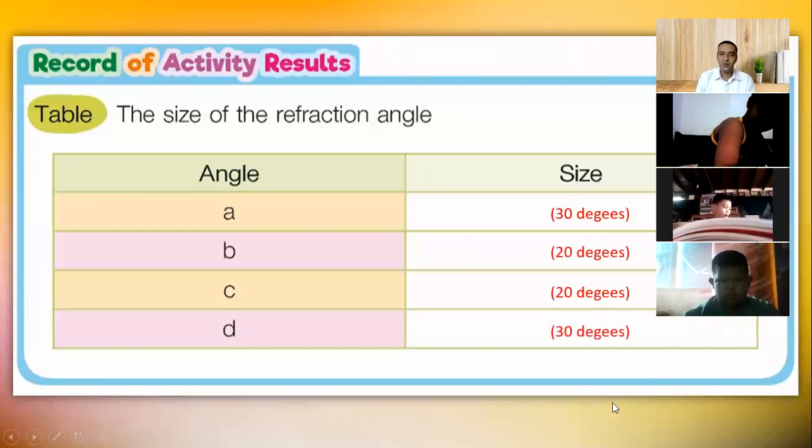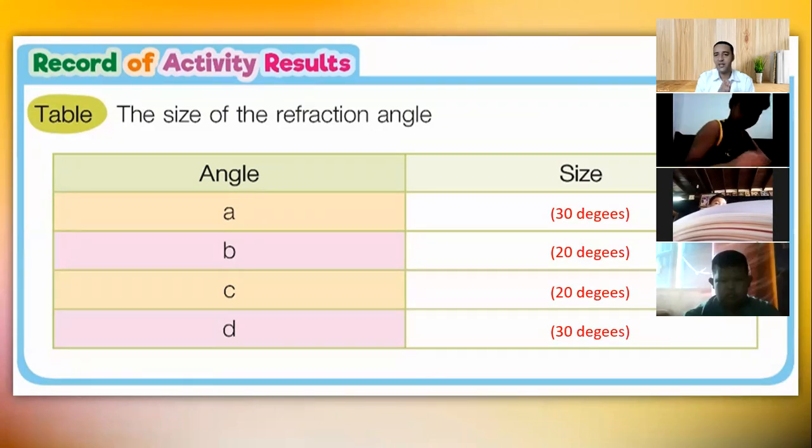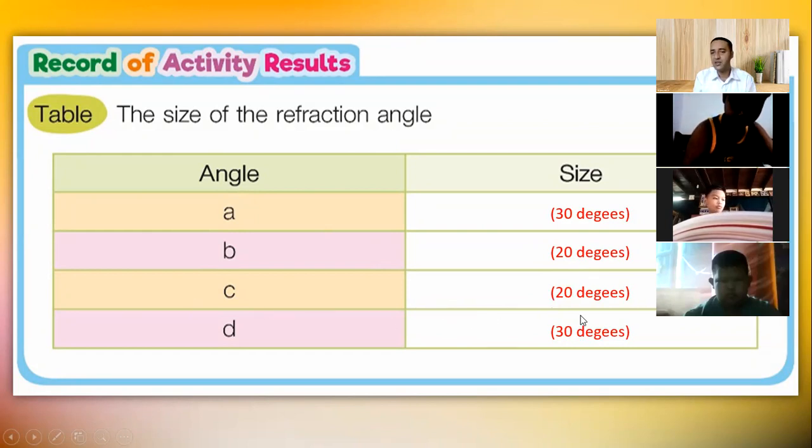So what do we conclude here? We conclude that the light actually moves from one object to a different one, so refraction is caused. The refraction always varies the angle, so the angle is always changing there. As we can see here, at place A, it remains 30 degrees. Place B, it remains 20 degrees. At place C, it remains 20 degrees.